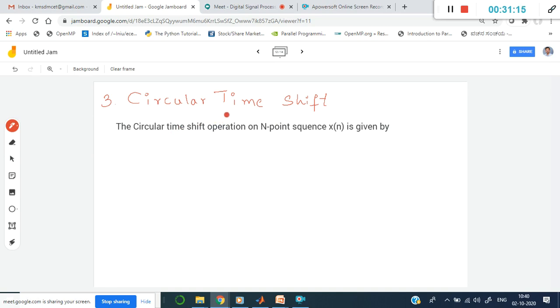Leave aside the word circular; let us first understand the time shift property. What do you mean by time shift? In signals and systems, you have x of n as an input signal, and you shift this signal by L. Say for example x of n is 0, 2, 3.